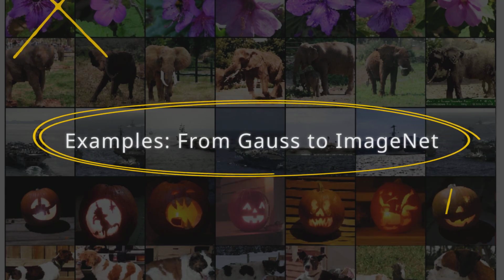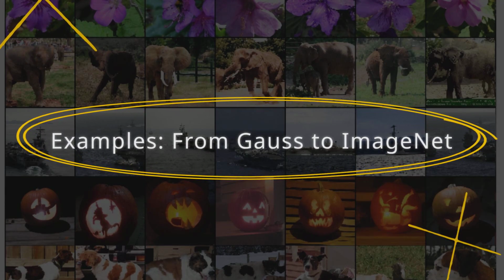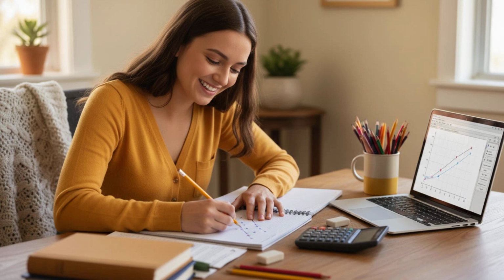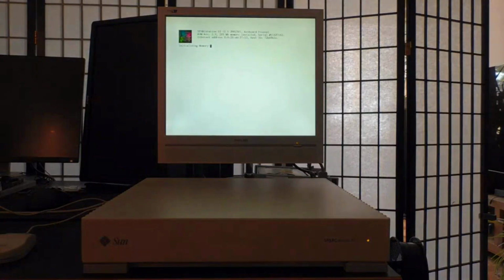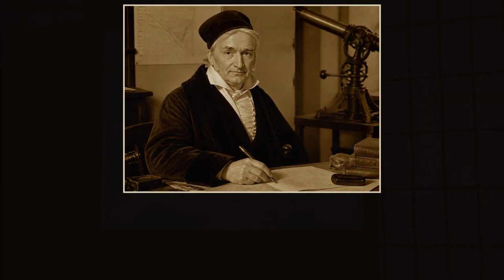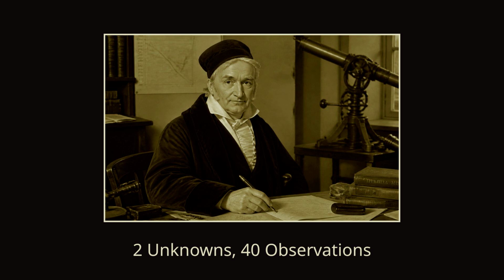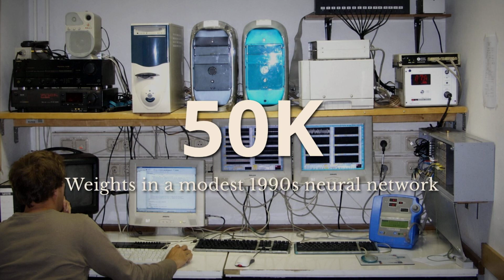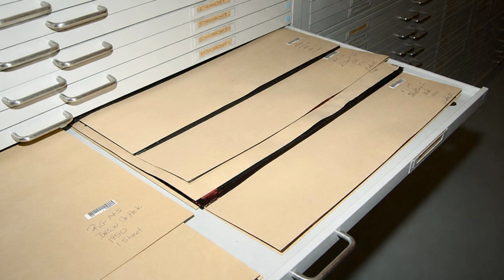The second missing thing was examples. Regression learns from data, and the number of examples you need scales with the number of adjustable numbers you're trying to set. Gauss set 2 numbers using 40 observations. A modest network from the 1990s had tens of thousands of numbers and needed tens of thousands of labeled images.